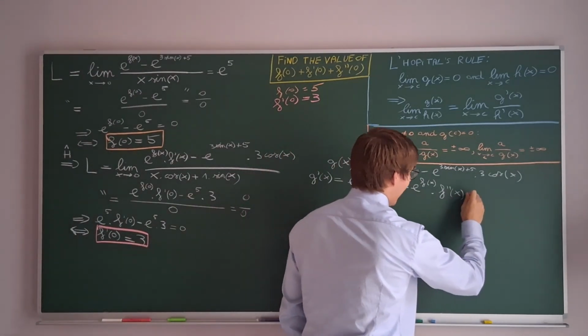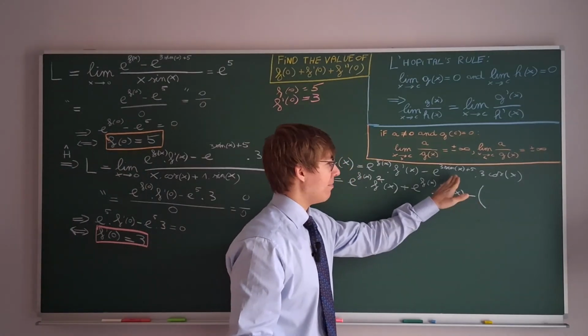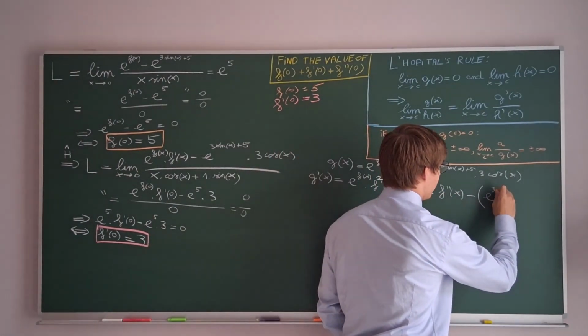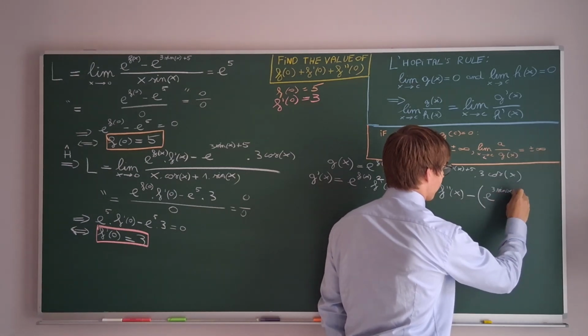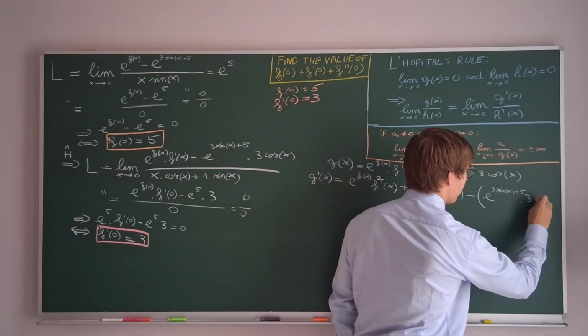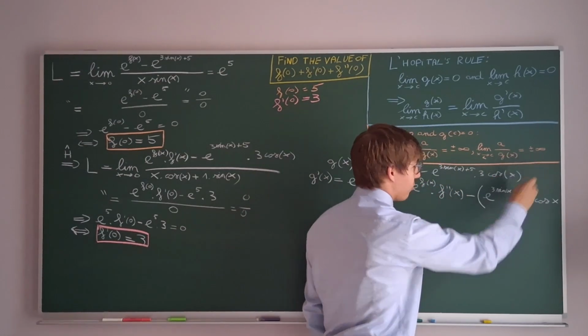And now minus, and we start the brackets, and we do the same. Let's differentiate the first part, e to the 3 sine of x plus 5 times 3 cosine of x times 3 cosine of x.